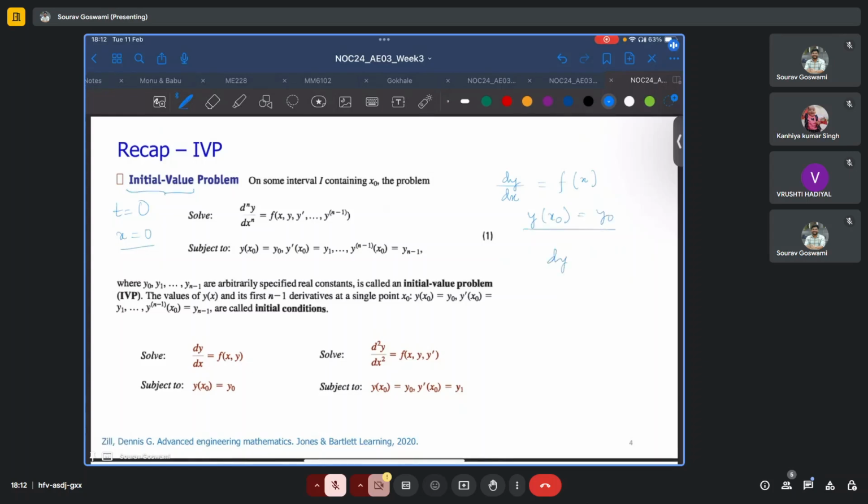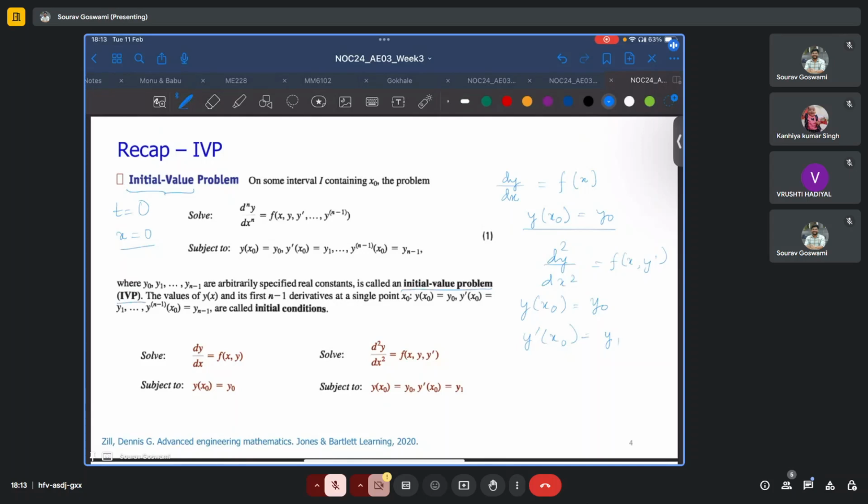If it were a second order, then you would have some information about y as well as about y prime, and so on. And of course, such a problem is called an initial value problem.